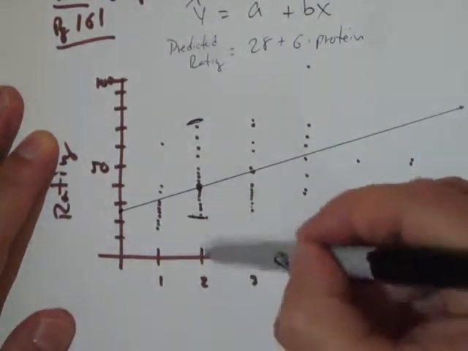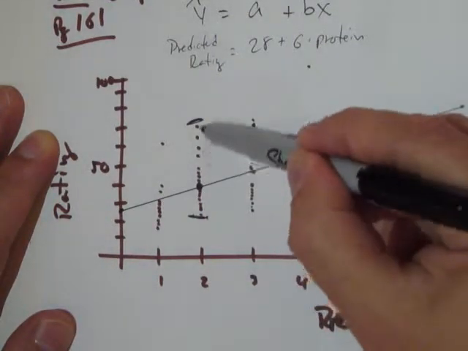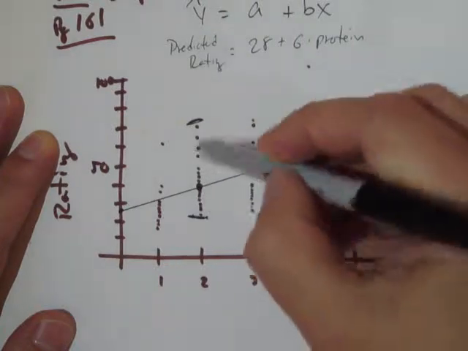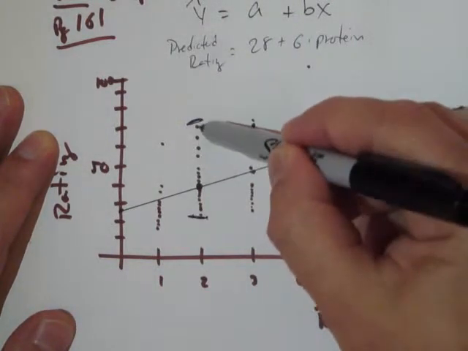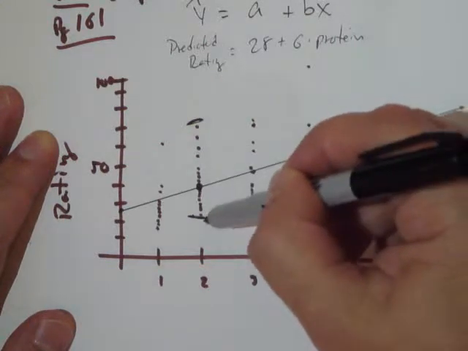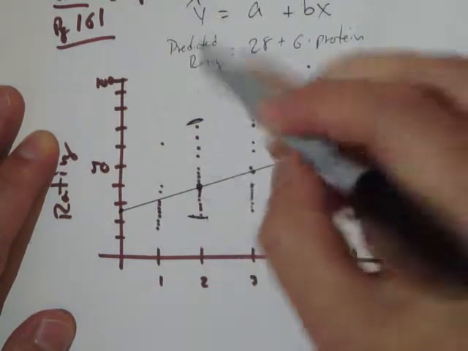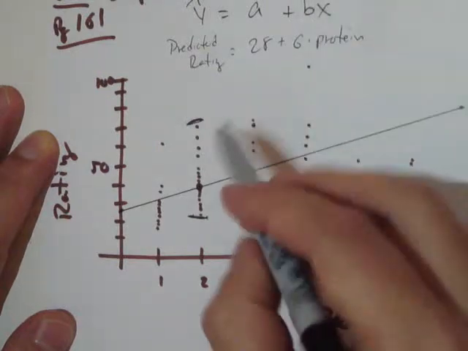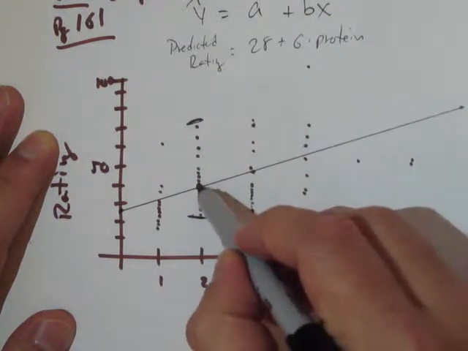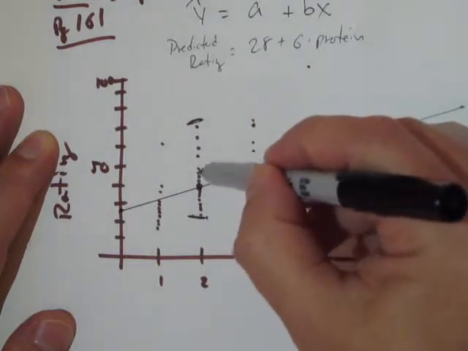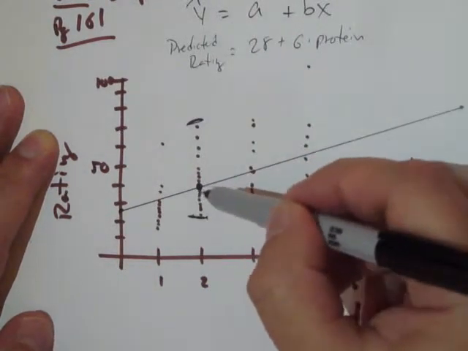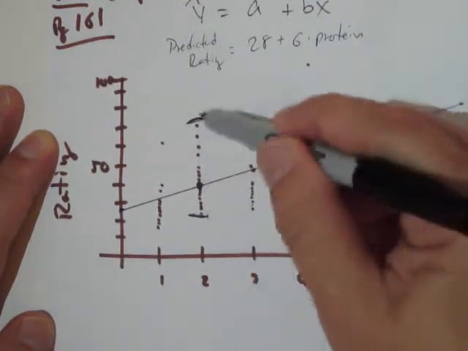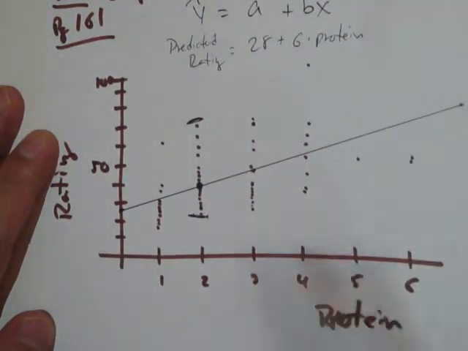So even though we get a prediction right here, we're not all that confident, because in real life the cereals with 2 grams of protein were in this big range. It could be up here, it could be down here. We're not all that confident. It could be pretty far off, unfortunately. That's the best we can do.